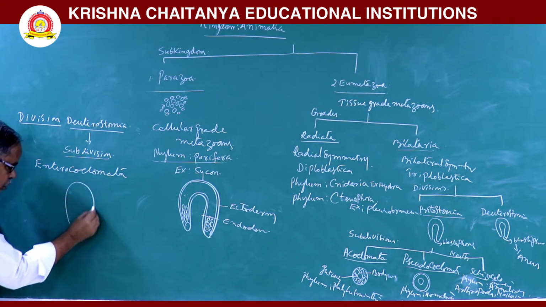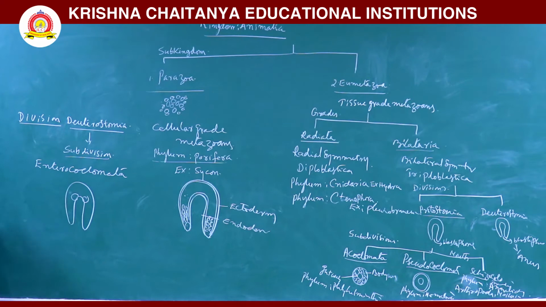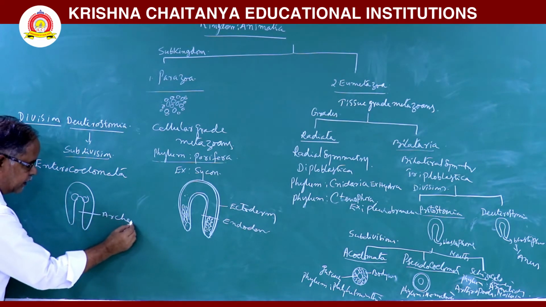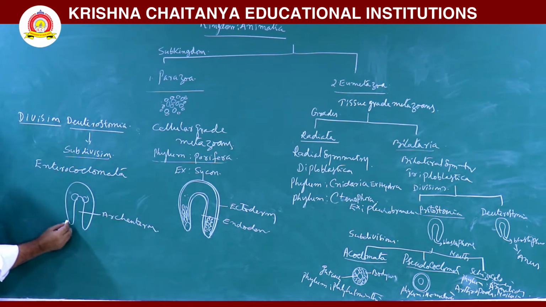This true coelom is formed from the out pouches of the archenteron. This is the archenteron. This archenteron is surrounded by the mesoderm. This mesoderm forms pouch-like structures.